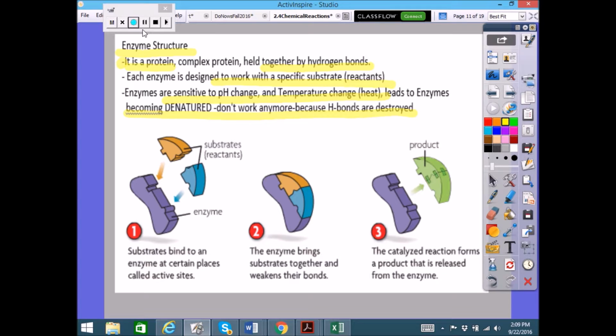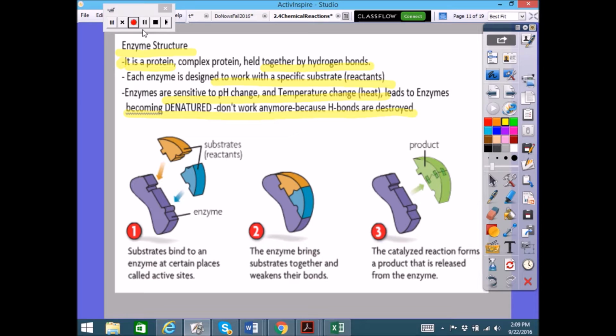Yeah. They are very sensitive to certain conditions. They are designed to work at a certain pH. The enzymes in your stomach have been designed to work at a pH of 2. That's where they like to be. Not all enzymes work better at a pH of 7. They can work at whatever pH they've been designed to work at.